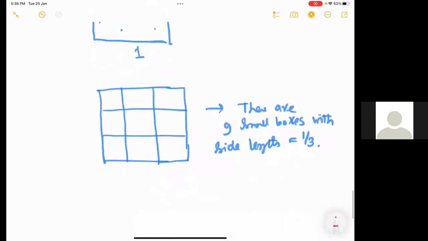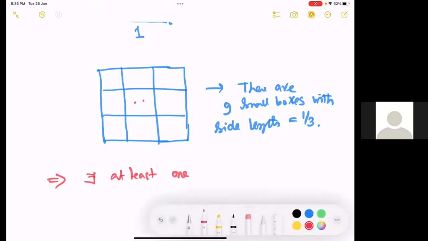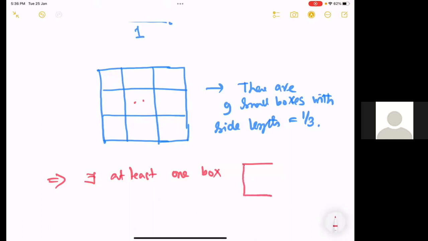So as he said, if you place the 10 points in these boxes, then there will be at least one box that will contain 2 points. Then there exists at least one box of size 1/3 by 1/3 that contains at least 2 points.